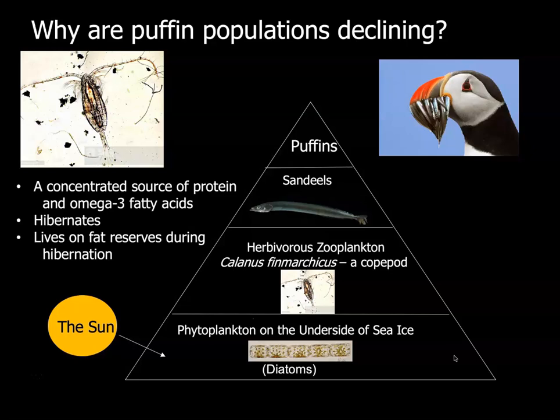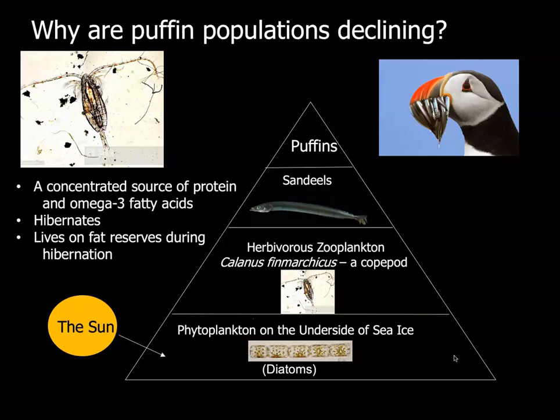Because it hibernates, it concentrates fats that contain omega-3 fatty acids, and it also concentrates proteins. This is what I'm going to refer to as a high-fat copepod. It's a hibernating copepod that is a source of fat and protein for animals that feed on it.